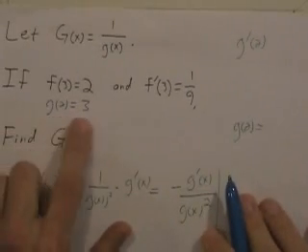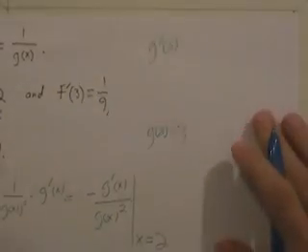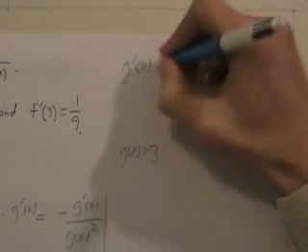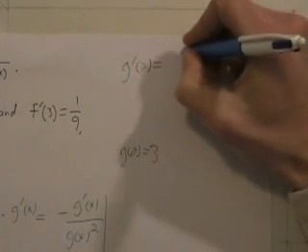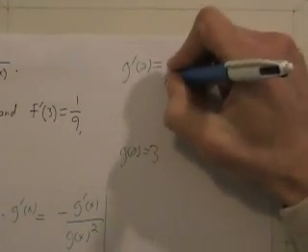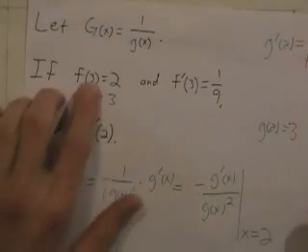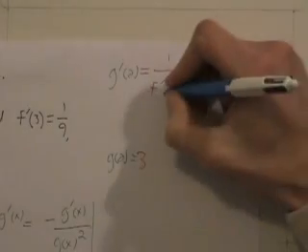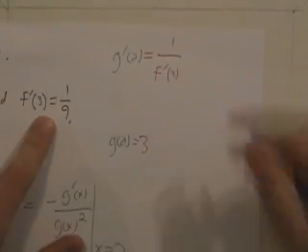We already know g of 2 is 3 because we know that f of 3 is 2, and they're inverses. So g of 2 is 3, and I can fill that in. And I also know from the last problem and from method 2 that g prime of 2 is 1 over f prime of something. What is that something? In this case, it's 3, right? g prime of 2 is 1 over f prime of 3, and we were given f prime of 3 is 1/9.